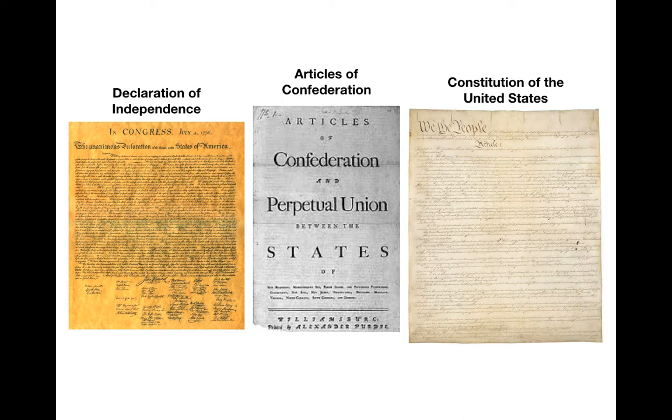These three foundational documents represent not only the main ideals of what you should know about our government in the United States, but also give you a pretty good overview of where we were at as a country during each time period.